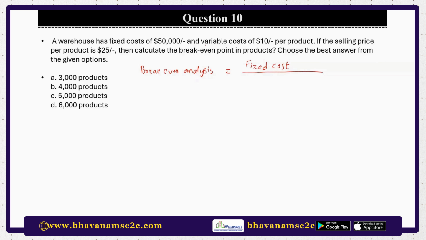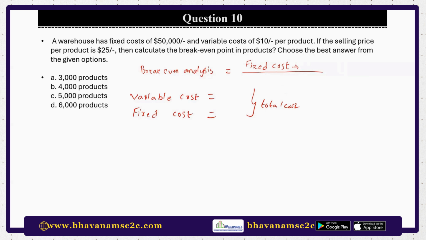And variable cost is that you invest on a product. That will be considered variable cost, and fixed cost. Both of these costs will be summed up to the total cost. If they give you the total cost in the question, then you have to take the total cost in the numerator. Since they didn't give you the total cost here, then you have to go for the fixed cost. Okay, I will explain that example too.